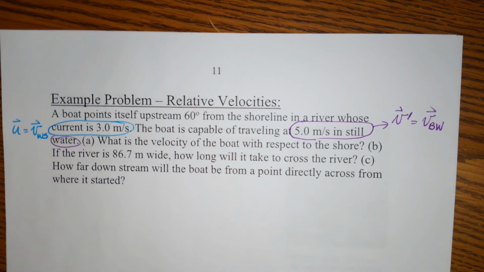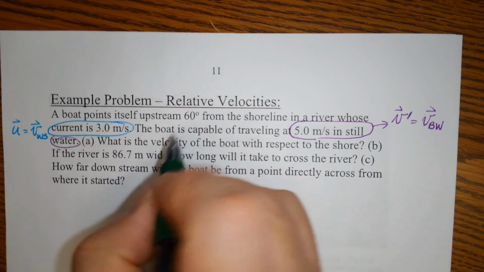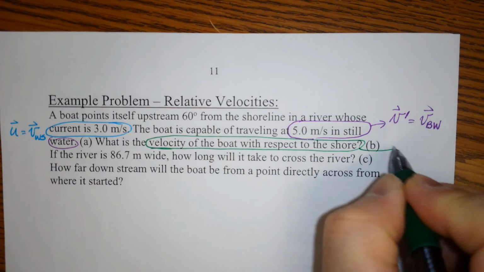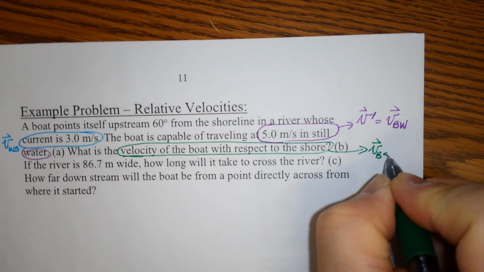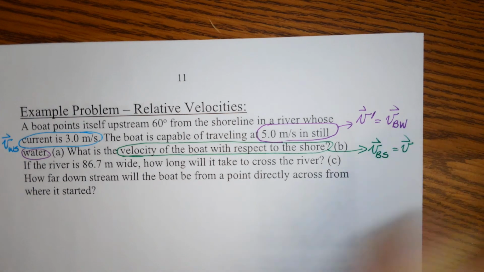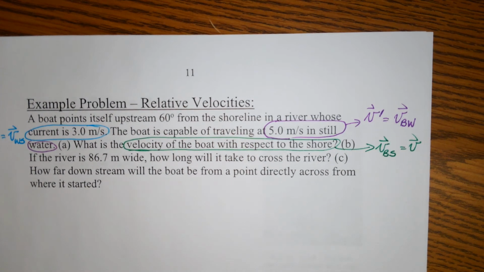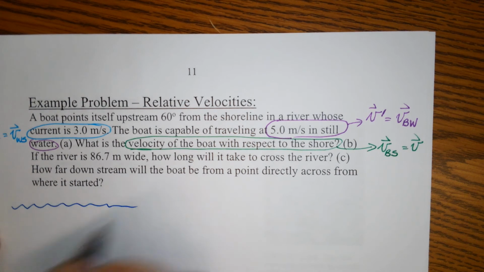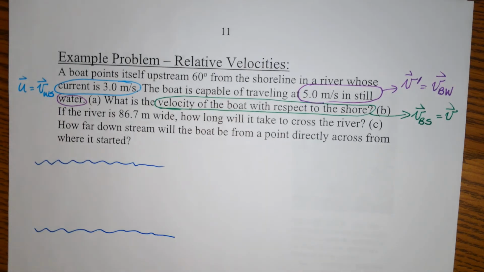Okay? So part A asks, what is the velocity of the boat with respect to shore? So they're looking for V, B, S, or simply just V. Okay? So if we were to draw a little diagram, here's a riverbank, okay?